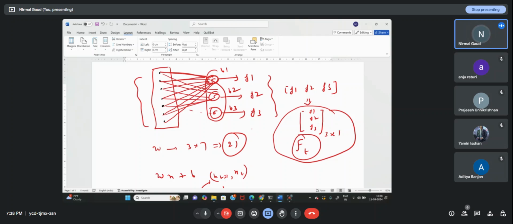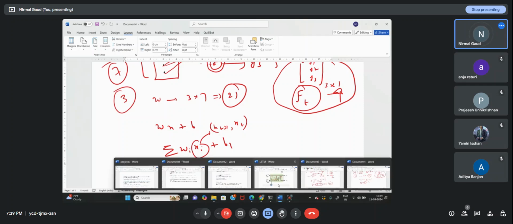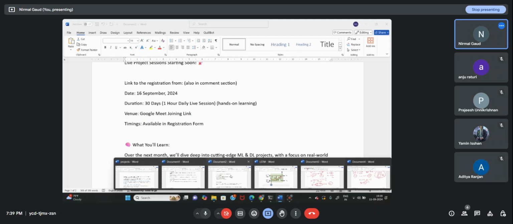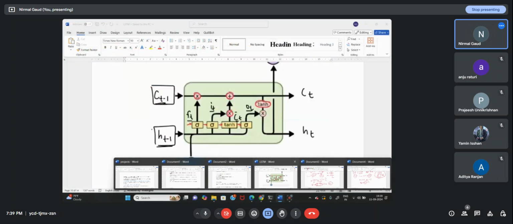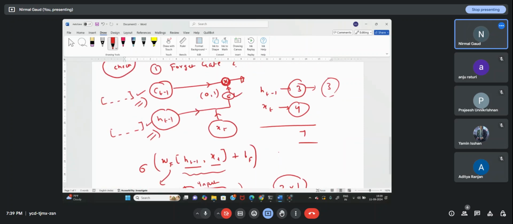So total number of weights are 21, total number of biases are 3, input is 7, and output you are getting 3 cross 1, a vector of length 3. So this operation has been performed. This is the operation which has been performed, and you are getting the output between 0 to 1.